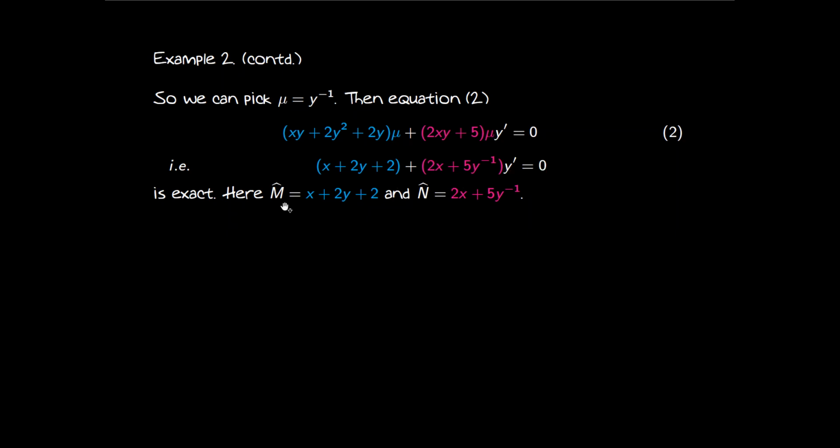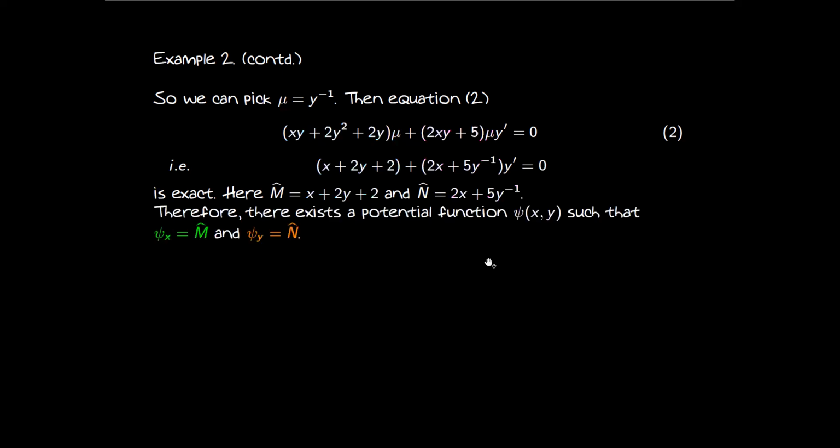So if you do the y derivative for the m hat here, you're going to get just the 2, right? Because x here is a constant, right? Its derivative is going to be 0. And the 2 is going to give you a 0. So you're going to get just the 2. And for the x derivative of the n, you're also going to get a 2, okay? Because this time, the y is treated as a constant. So that's why it's exact.